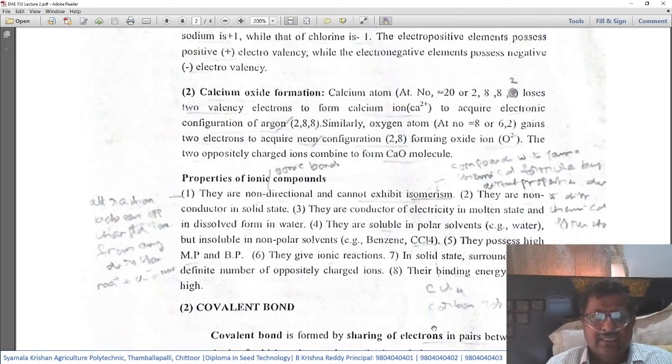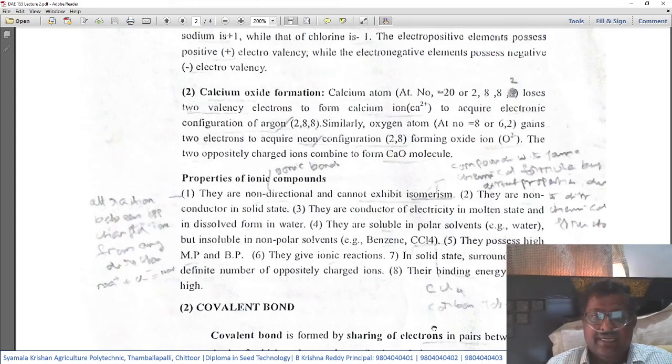That means these compounds are non-directional and they cannot exhibit isomerism. Let us see the second property. They are non-conductors in solid state. When they are in the solid form, these ionic compounds are non-conductors. That means they will not conduct electricity.